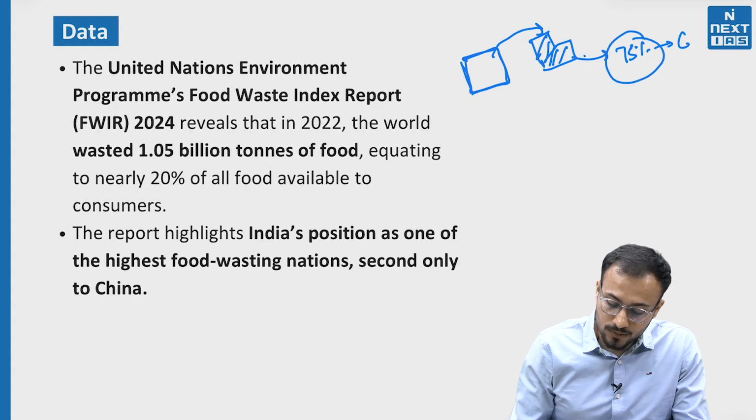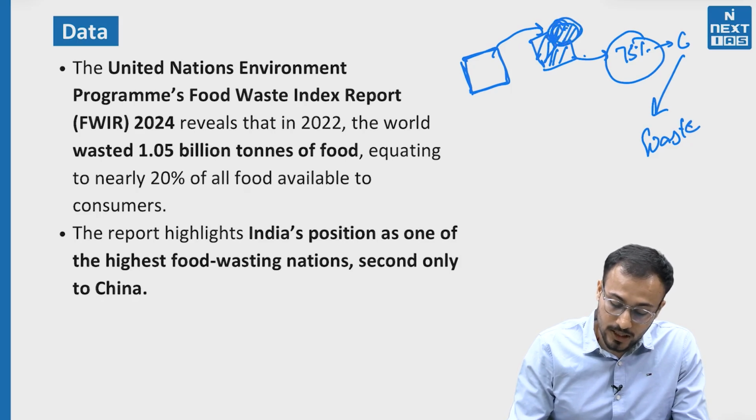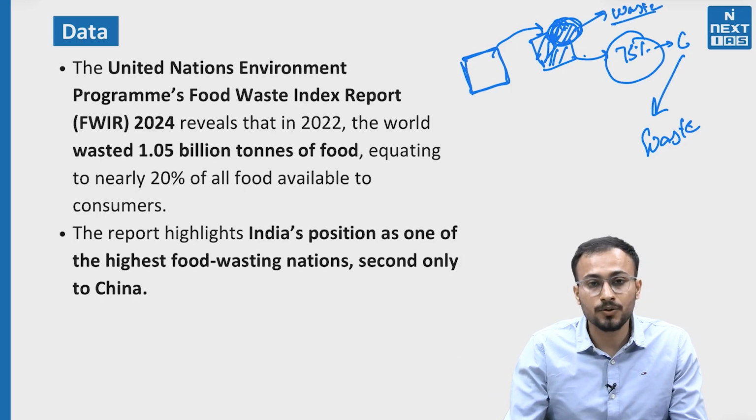Out of this also consumers waste food, but apart from this, the 25% which does not reach the consumers is also wasted due to inefficient supply chains, due to inefficient management of the food produce.